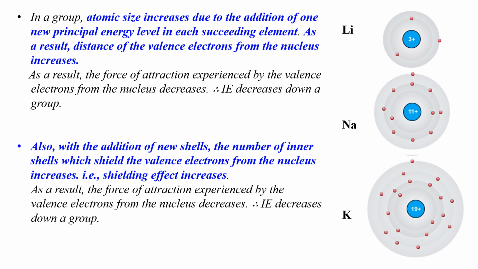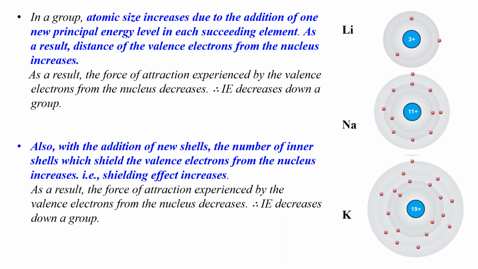Also, with the addition of new shells, the number of inner shells which shield the valence electrons from the nucleus increases. That is, the shielding effect increases. Consequently, the force of attraction experienced by the valence electrons decreases, thereby leading to a decrease in the values of ionization enthalpy down a group.